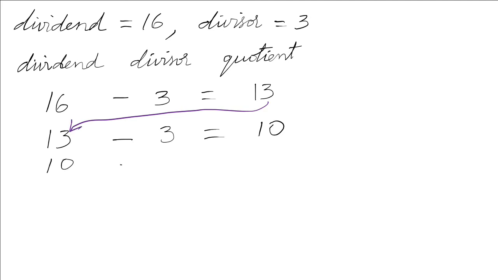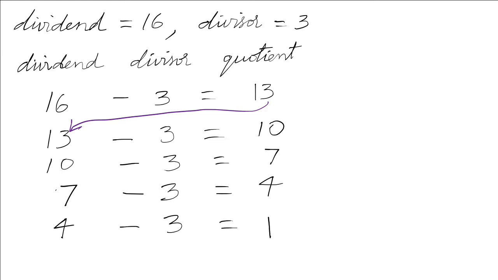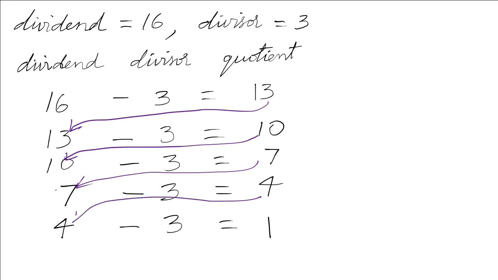Once we subtract 3 from 10, we get 7. We repeat this process until the quotient becomes less than the divisor. In this case, quotient 1 is less than the divisor value, which is 3. The value of the quotient is the result.